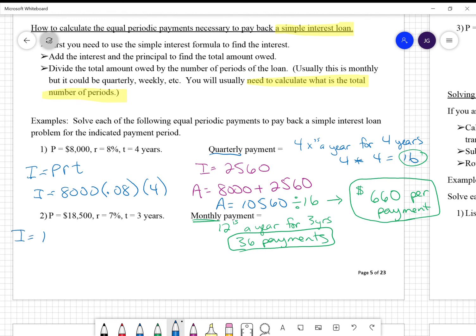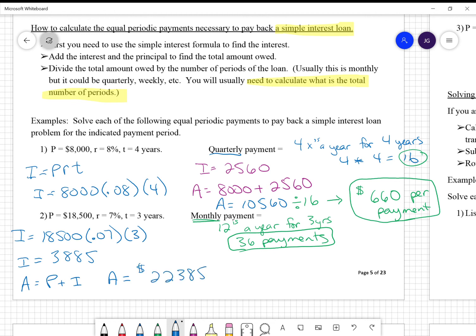Interest is equal to 18,500 times 0.07 times 3. $18,500 times 0.07 times 3 gives me $3,885. So my total amount that I'm going to owe is $22,385.